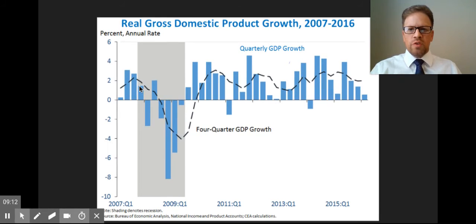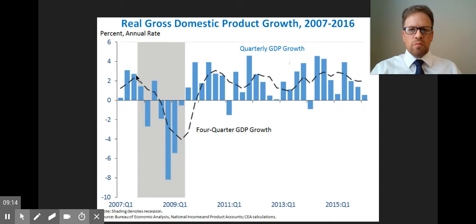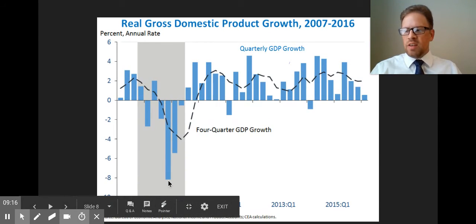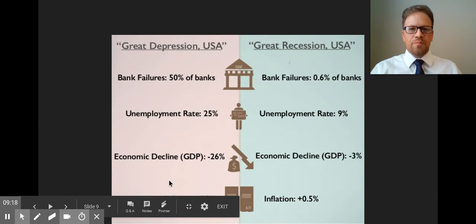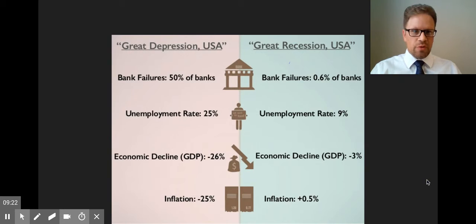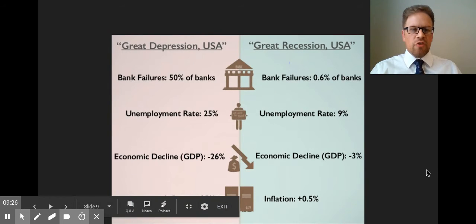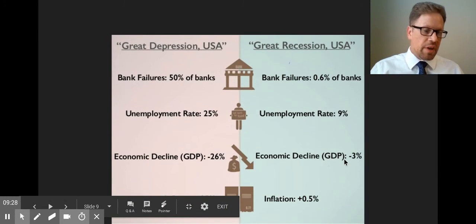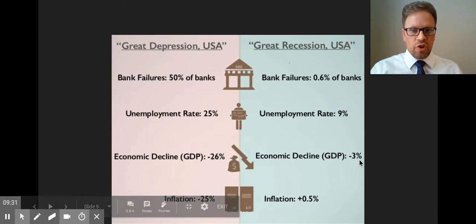So was the high that it was before and as low as it got, does that translate to 10%? It does not translate to 10%. So basically, when we calculate the rate of economic decline, it was actually only a 3% drop.